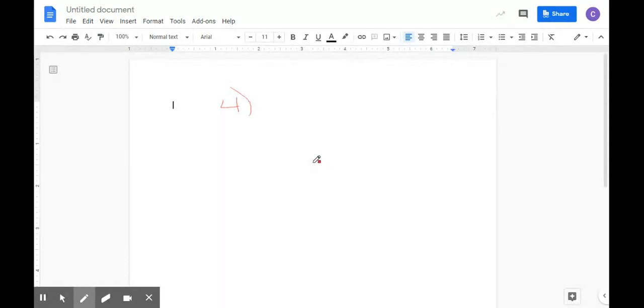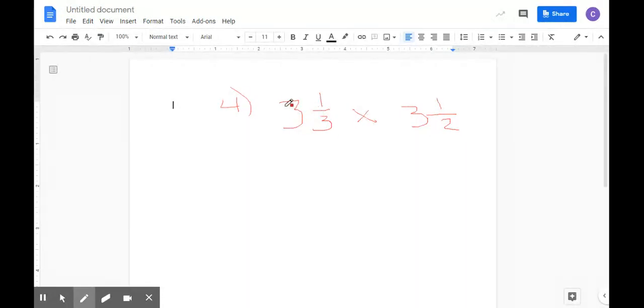So all we're doing is multiplying 3 1/3 times 3 1/2, because they told us it was 3 1/3 inches long and 3 1/2 inches wide. Here's our length, here's our width. So we just multiply.